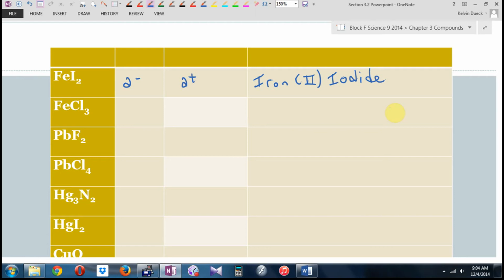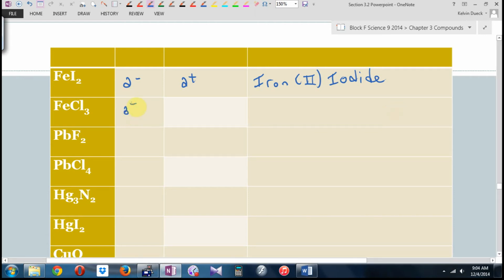FeCl3, okay. Iron, multivalent or not? Yeah? Okay. What's the total negative charge in this compound?